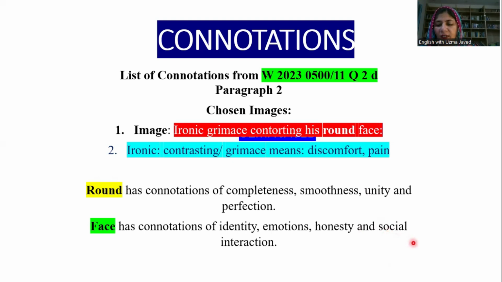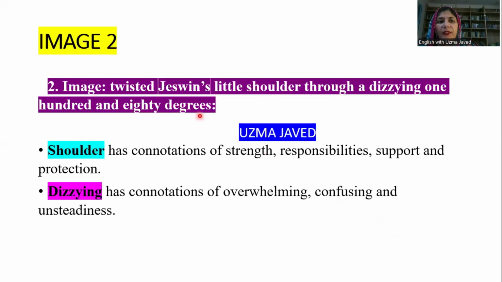Moving on with other images and other examples, the second chosen image was "twisted Jasmine's little shoulder through a dizzying 180 degrees." So 180 degrees, the mathematicians of IGCSE can well understand what this means.